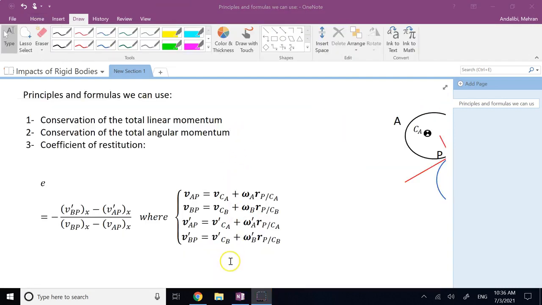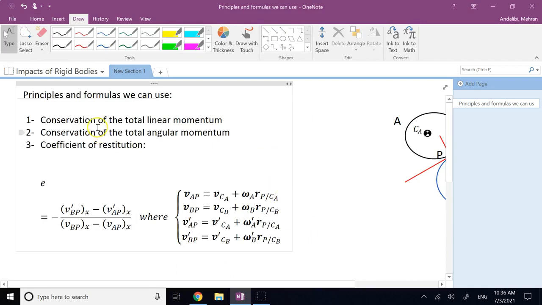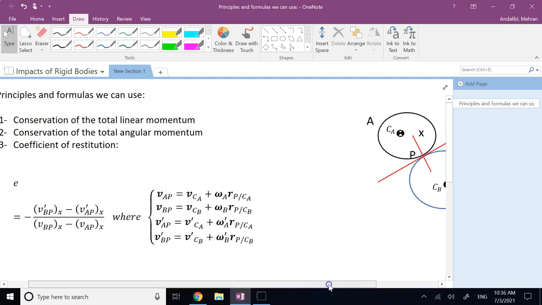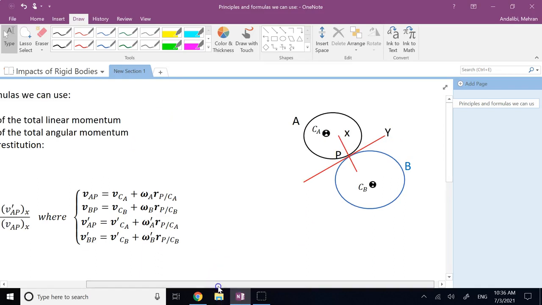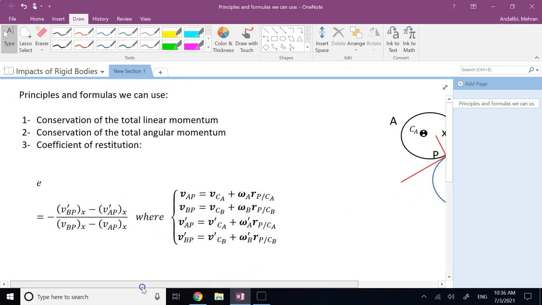So now, what principles can be used to solve for the unknowns? Well, we have the conservation of the total linear momentum along the direction of impact. So here, if we assume that these two rigid bodies are hitting each other at point P, and the common tangent is y, common normal, or the direction of impact, is x, so the total momentum along the x direction for the system is going to be conserved, or not changed.